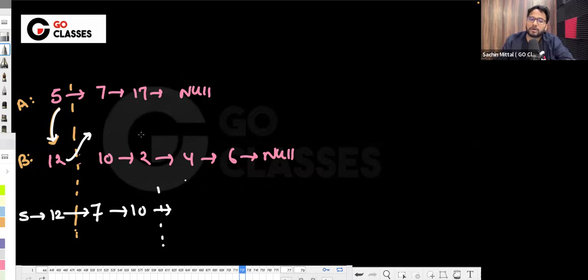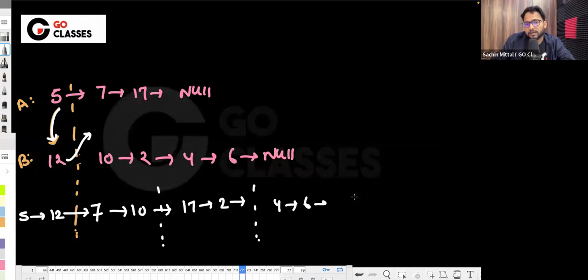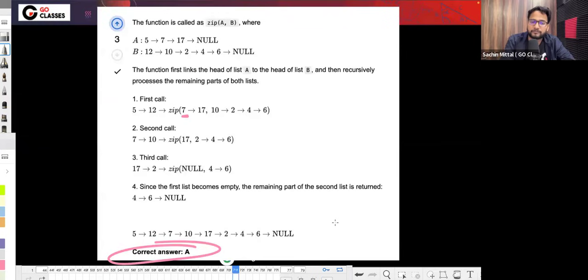The recursion will return 17. 17 will point to 2, and 2 will be waiting for whatever the recursion returns, which is 4 6 null. So here it will return 7, here it will return the pointer to 17, here it will return 4. This is the final linked list that we will be getting. So A is the correct answer.